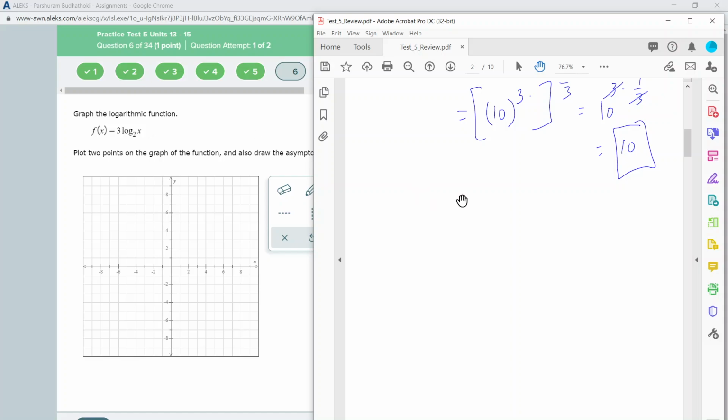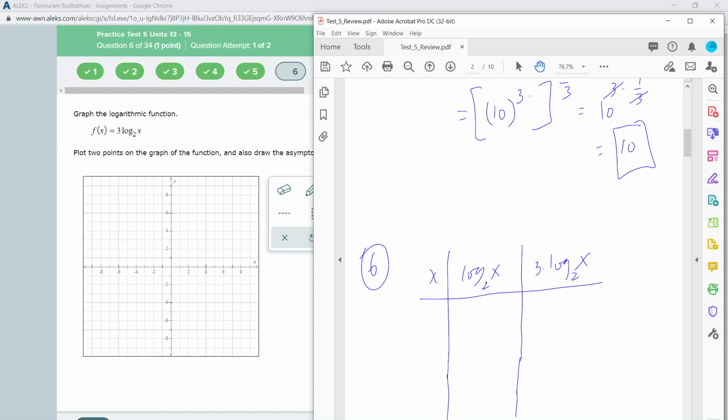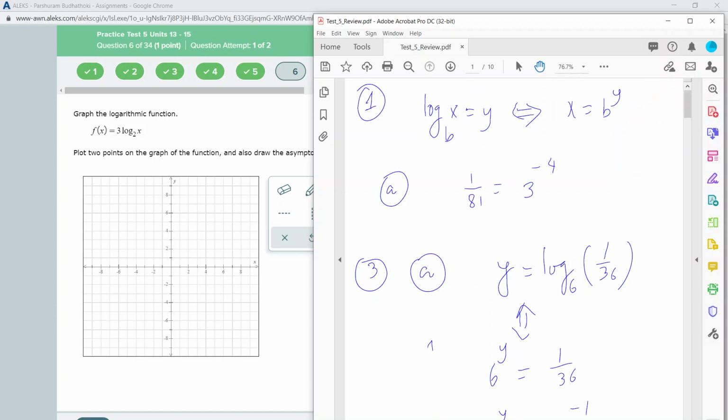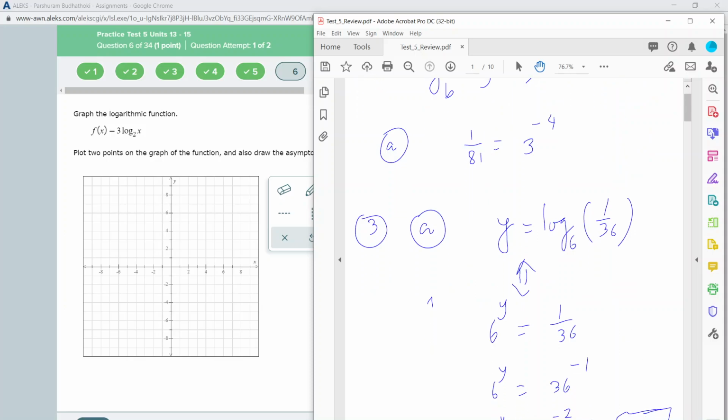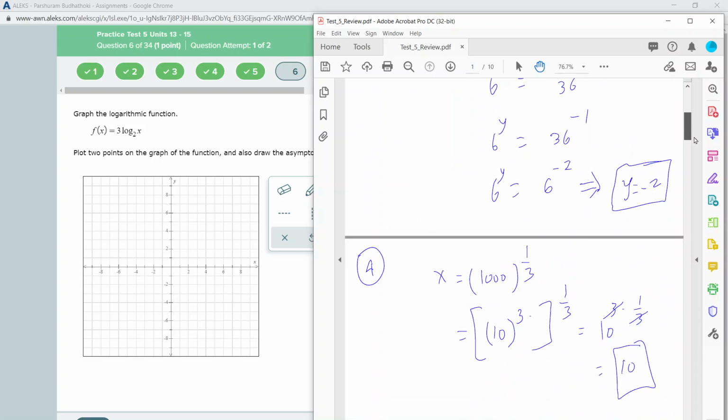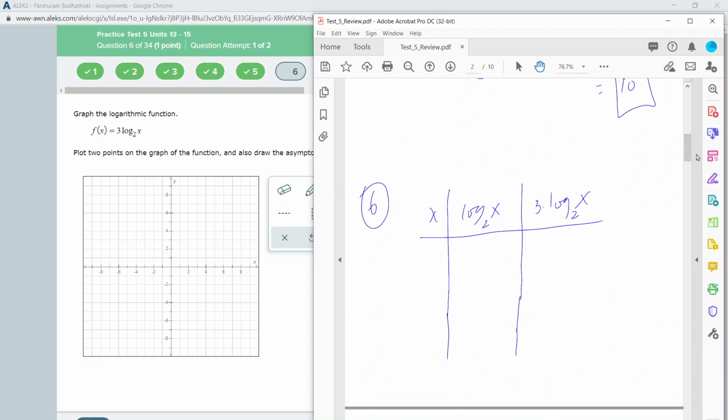As you can see, this is problem 6. I'm going to use the second way, x and log base 2 of x, and then that helps us find 3 times log base 2 of x, which is just 3 times this value. So I'm going to start with, let's say, x equal to 1.